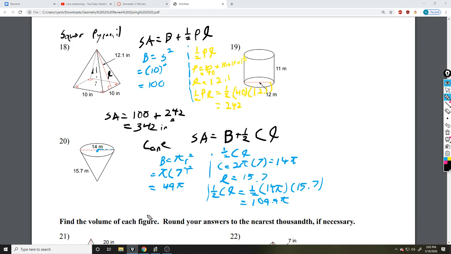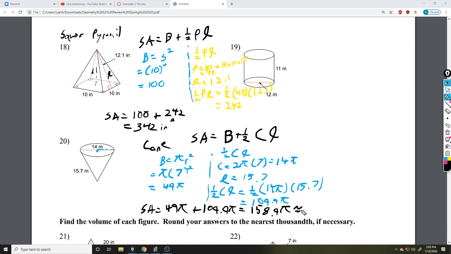So then, to get our surface area, all we have to do is add these together. Area of the base is 49 pi plus our other piece of this, 109.9 pi. So our exact answer would be 158.9 pi.